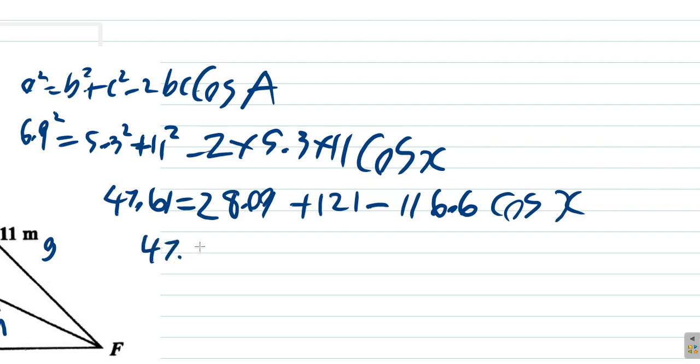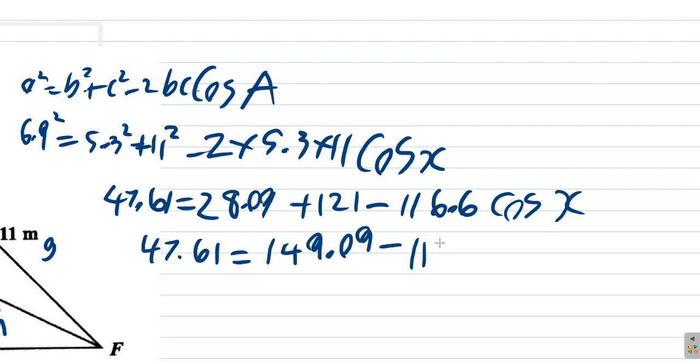So 47.61 equals, what is 28.09 plus 121? That gives us 149.09.